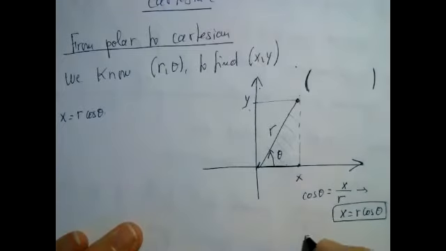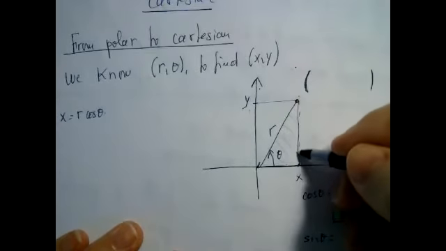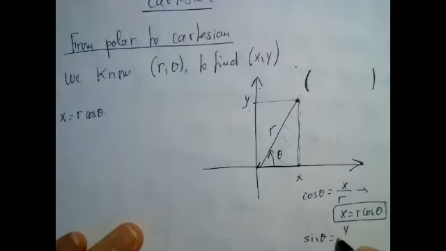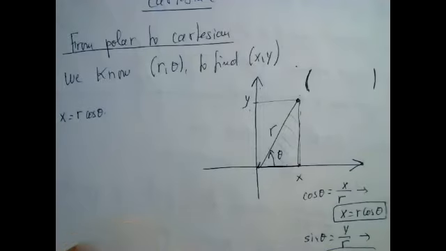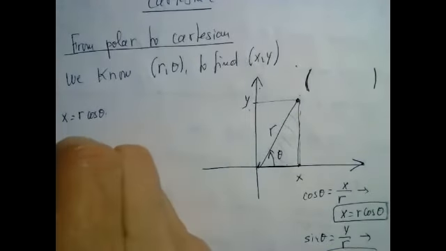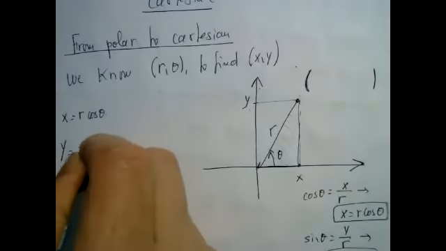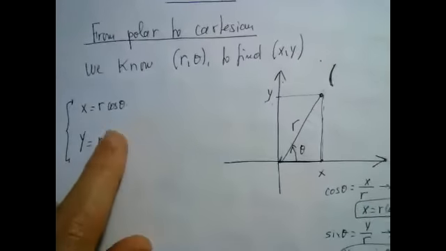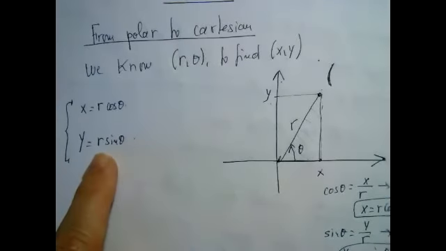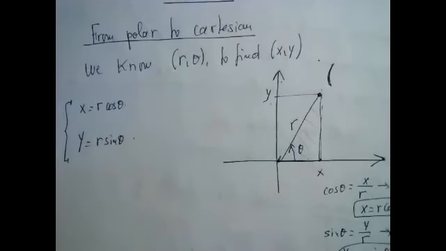And if you look at the picture, the sine is the y over r, which means y is r sine theta. So if I know the r and the theta, I know the x and I know the y.